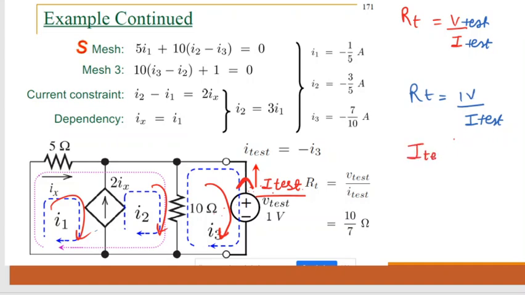I test would tell me the total equation, calculation I3. Get the value I3.